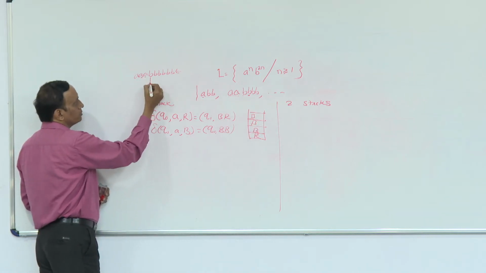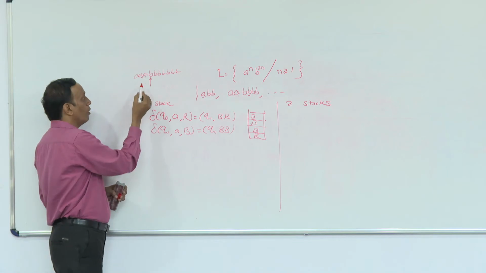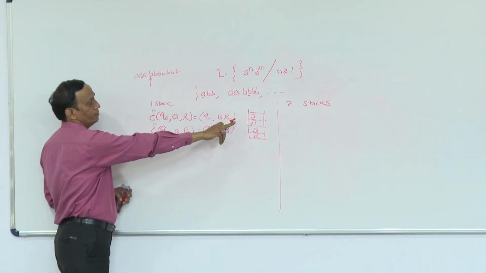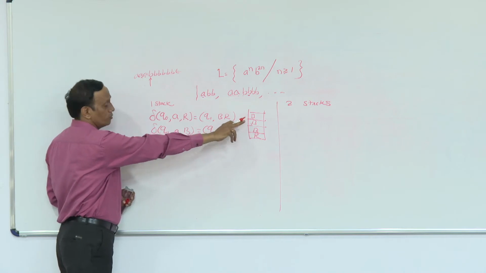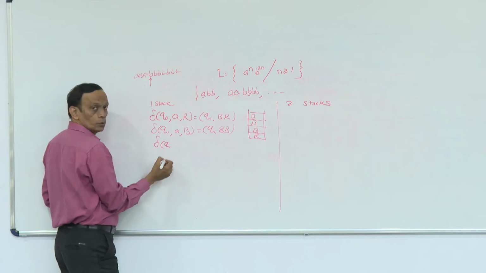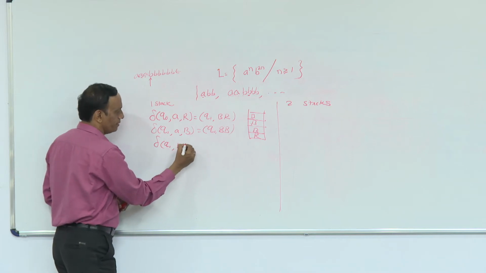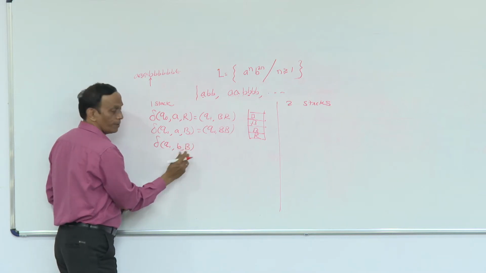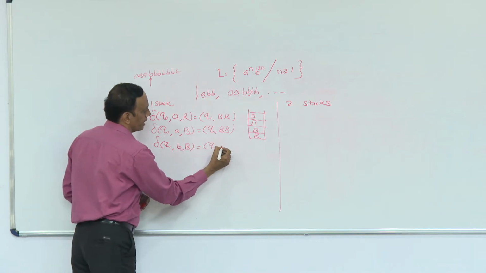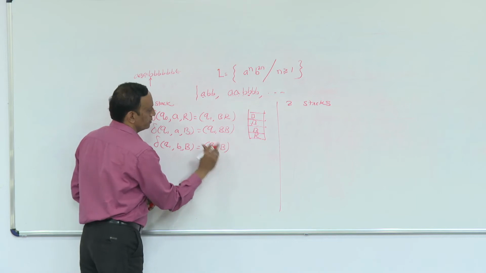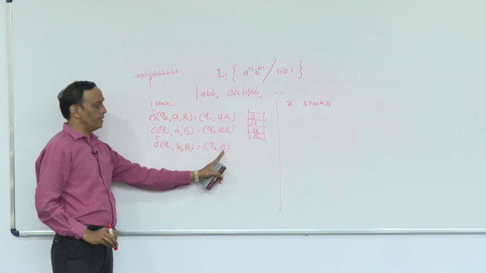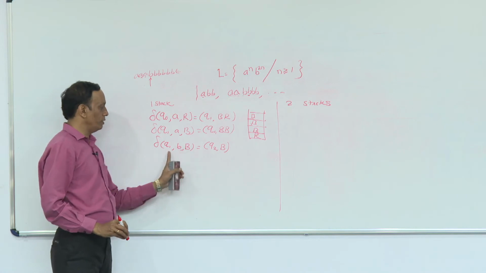Now, as we discussed earlier, for the first occurrence of b we will only change the state and not make any change to the stack. So we write delta of Q1, b, with B at the top: I will only change the state, I will not change the stack. The plate remains at the top. We only change the state.